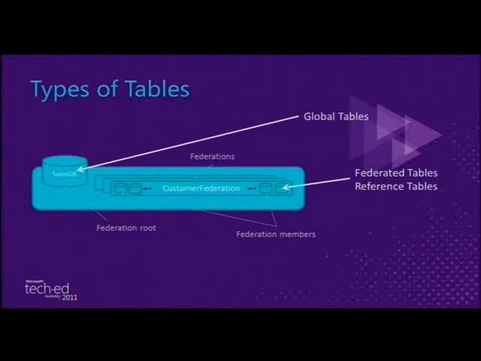That's right. So there are three types of tables that we consider in federation. There are global tables that live in the federation root. You can put anything you want there, like data that has to do with the whole operation.